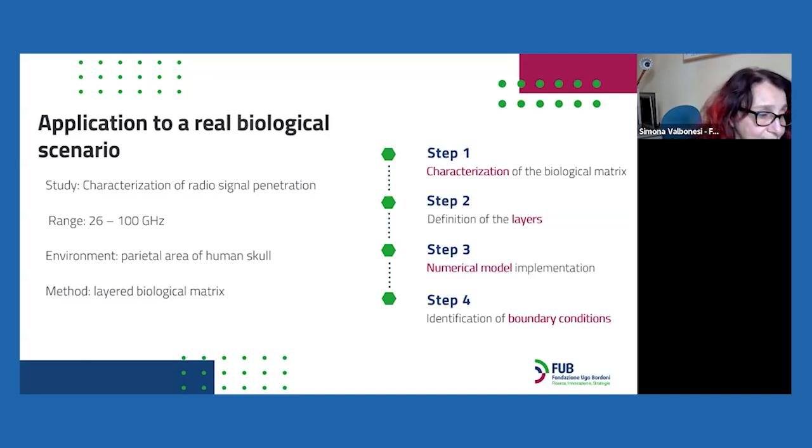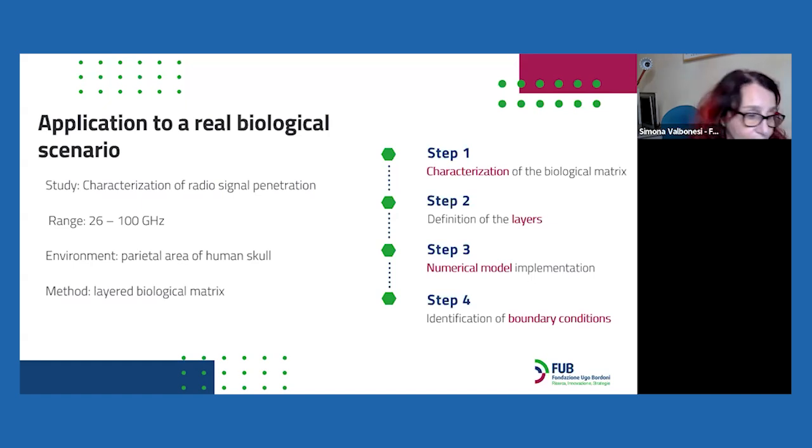The study is the characterization of the radio signal penetration in different kinds of biological tissues, and the environment under investigation is the parietal area of the human skull. The development model is based on propagation and absorption of electrical field in non-conductive materials.